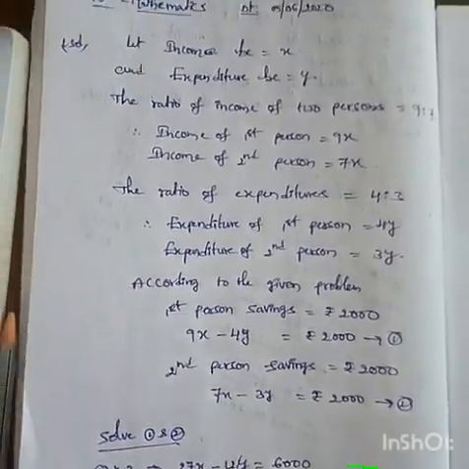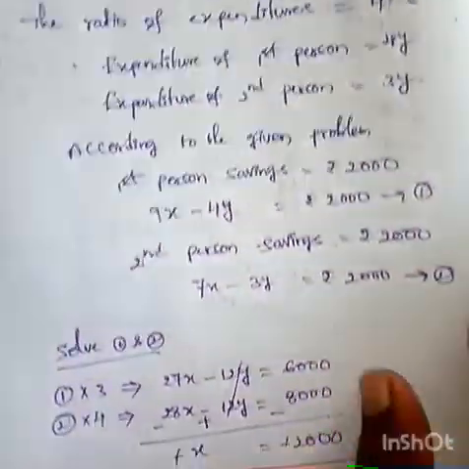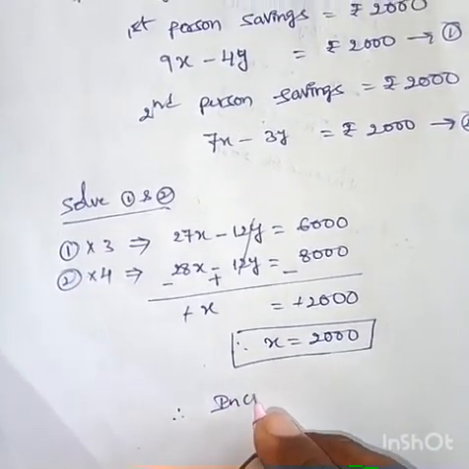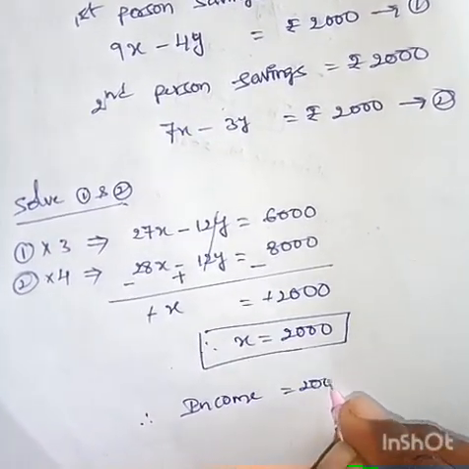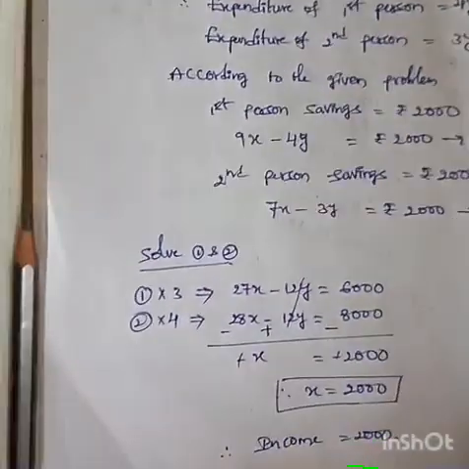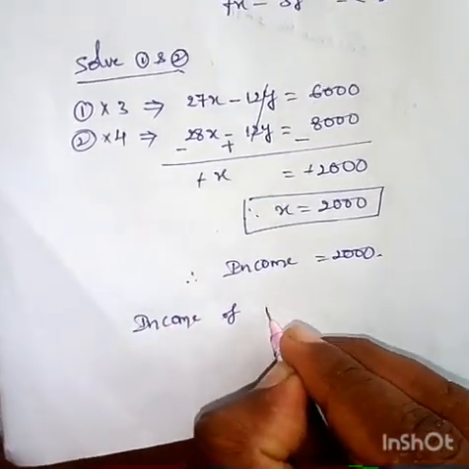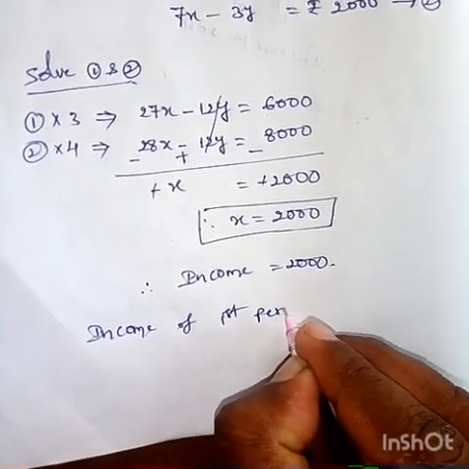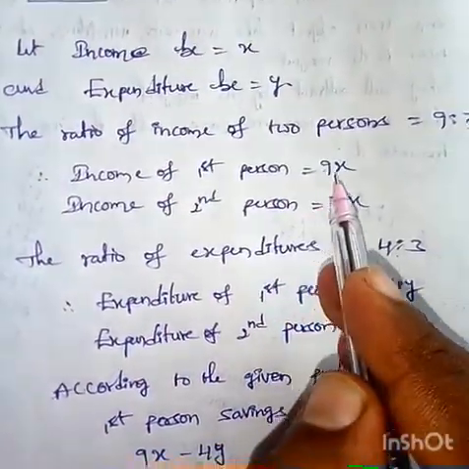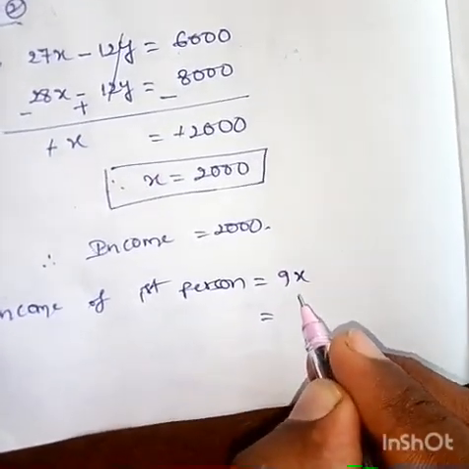We assumed at starting that income is x, so x represents income, therefore income equal to 2000. According to the problem, we need monthly incomes, so income of first person equal to 9x, that is 9 into x. Here what is the value of x? 2000.